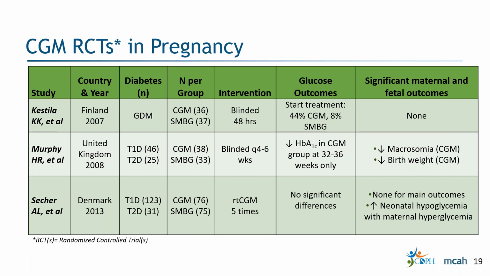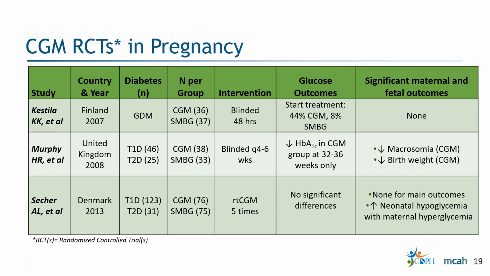Now, the second study by Murphy and colleagues out of the UK looked at women with type 1 and type 2 diabetes in pregnancy, again comparing CGM with SMBG. This was a little bit different. They actually used a blinded CGM. And a blinded CGM is where the person wearing it doesn't actually see the results.